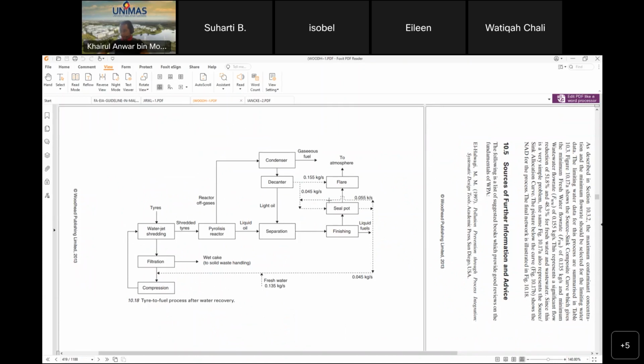There is no regeneration. Fresh water is added for the feed to water jet shredding. Water from the decanter, 0.155, is added to the flare.